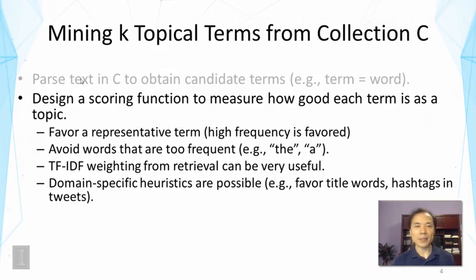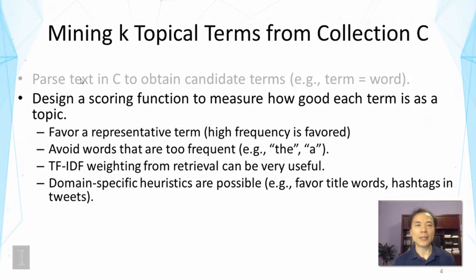However, if we simply use the frequency to design the scoring function, then the highest scored terms would be general terms or functional terms like the, etc. Those terms occur very frequently in English. So we also want to avoid having such words on the top. So we want to penalize such words. But in general, we would like to favor terms that are fairly frequent but not so frequent.